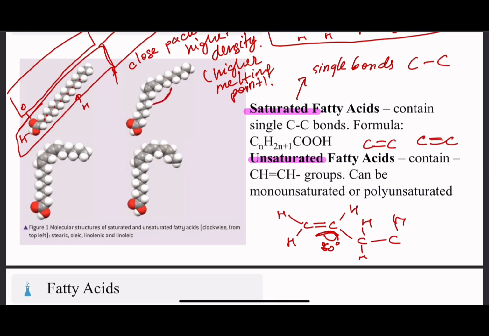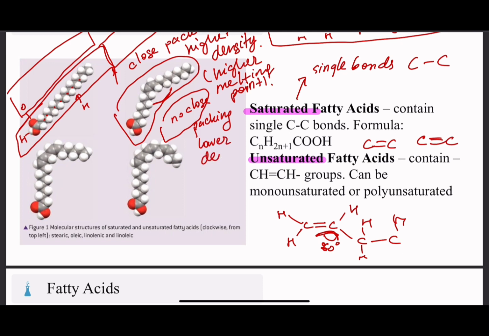And when they are put together, they can't do close packing. No close packing, which is why they have lower density, and then lower melting point. Understood?